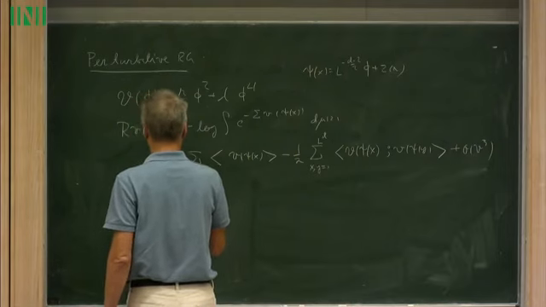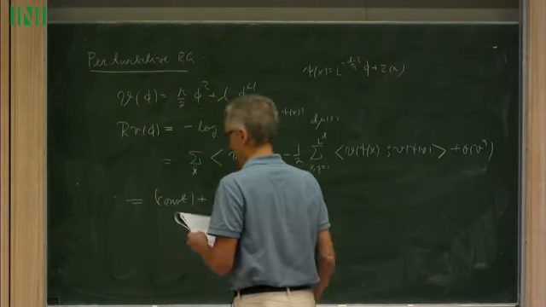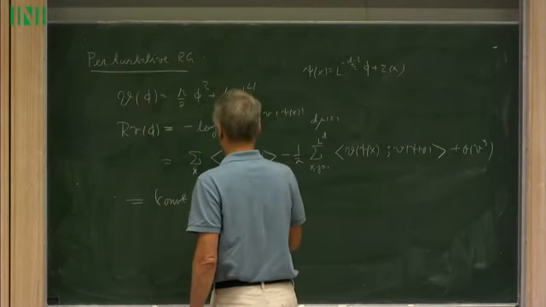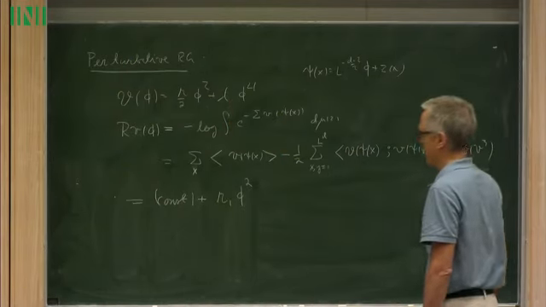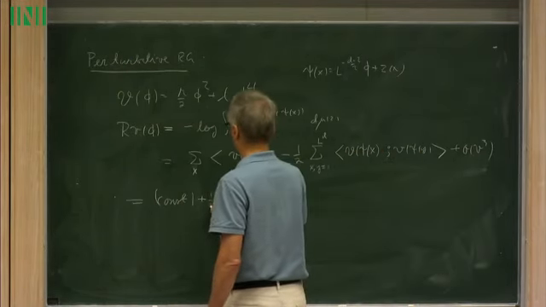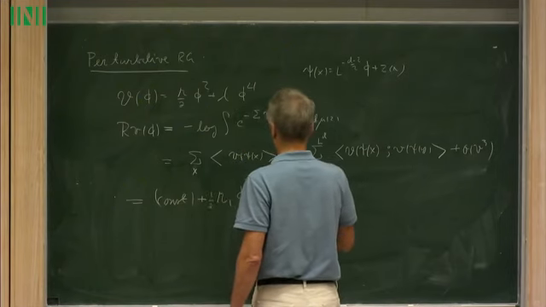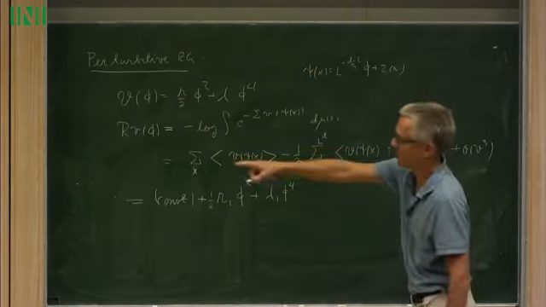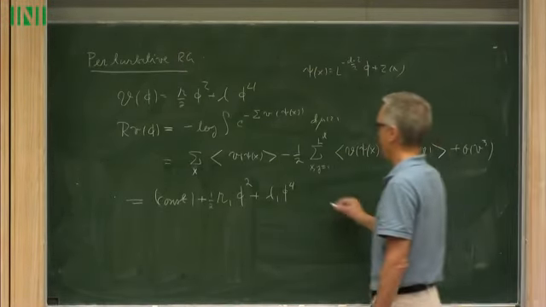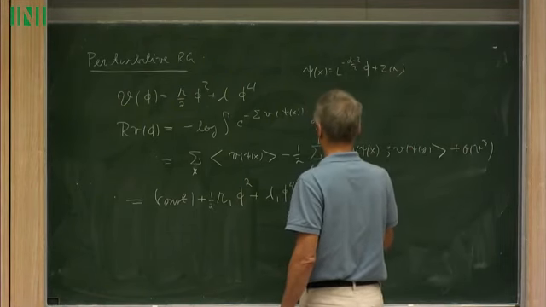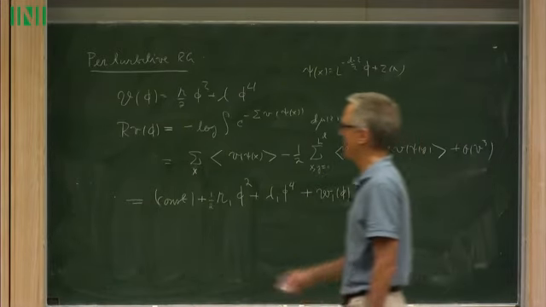This is a constant which we don't care about, and then it has some term which is of the same form as we started with. Put a half there. Then there is a lambda 1 phi 4 that we computed there already, but here I get also something like that. And then there is the rest, which let me call just W1. And let's call this V1.